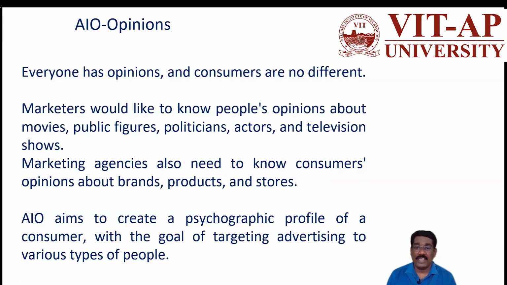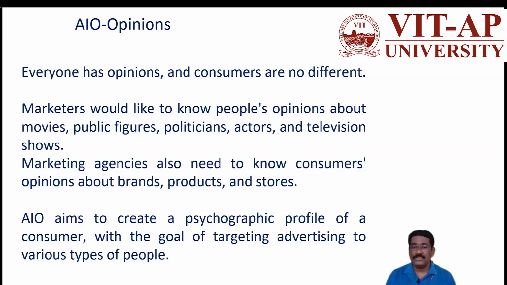So a marketing agency has to really work to know the consumer's opinion about a brand, what they think about the product, what they think about the store, what they think about the advertisement, what reaction they show towards the promotions, and whatever marketing activities are extended towards the consumer.